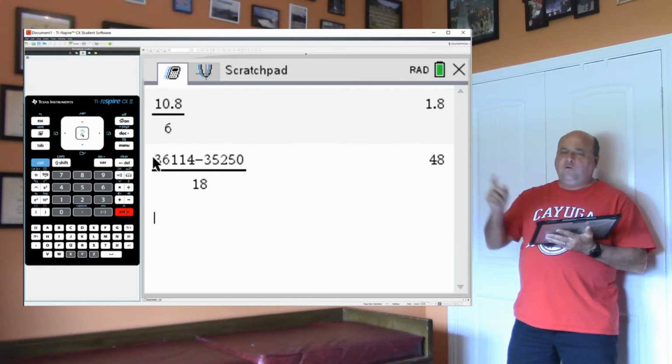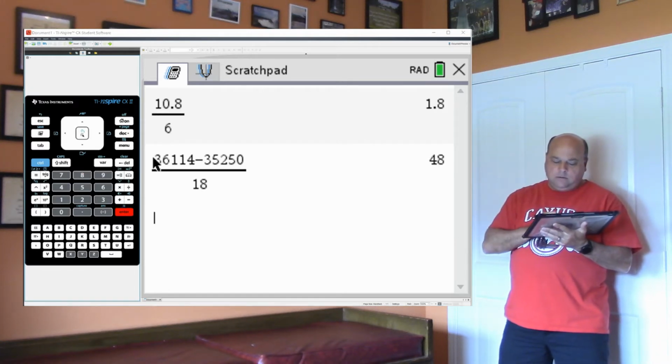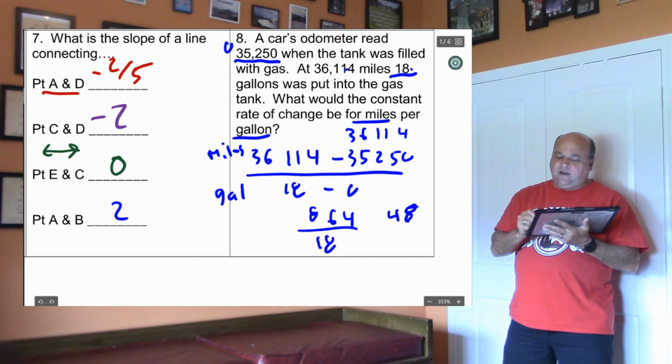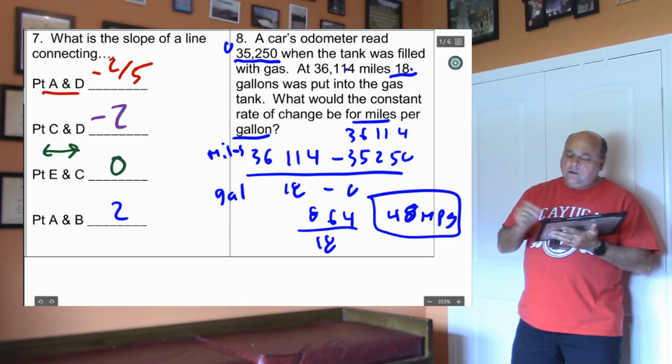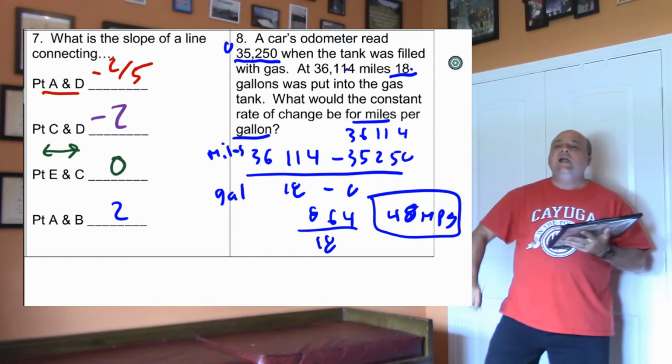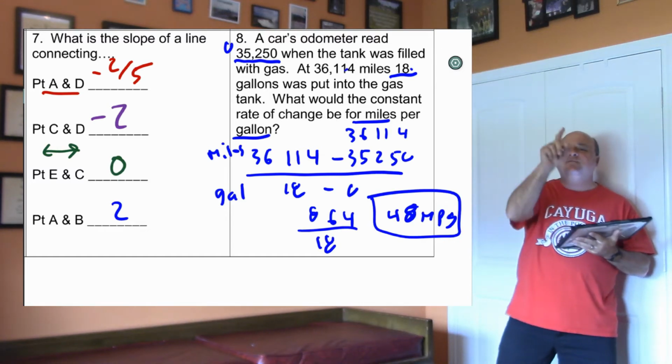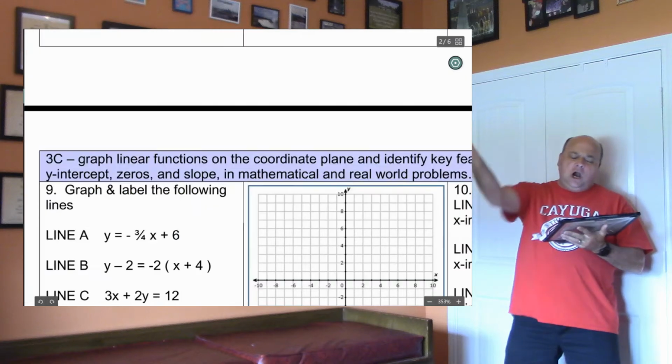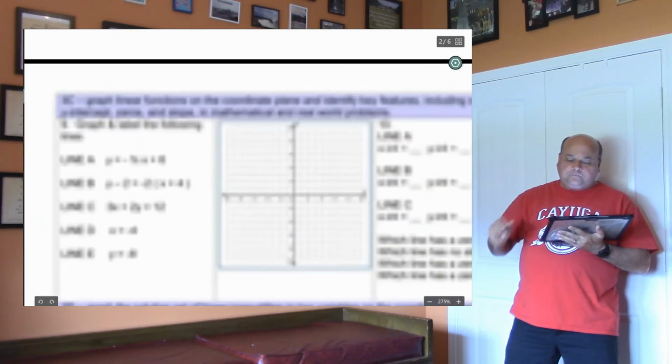Hit enter. Did I get 48? Is that what I got? 48, not 45, 48. Oh, 48 miles per gallon. F-U-N, fun. Let's go turn the page.